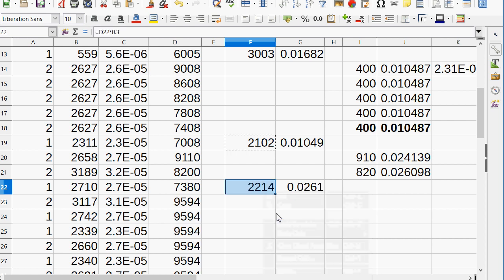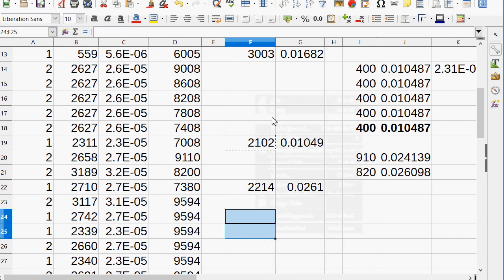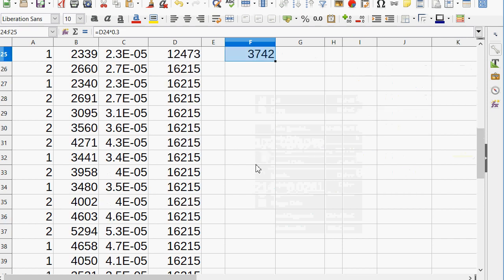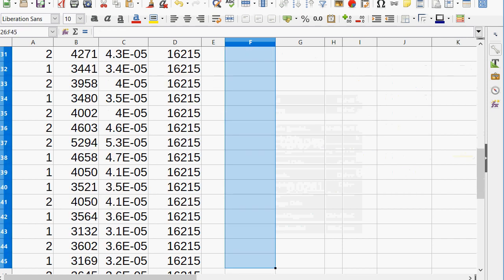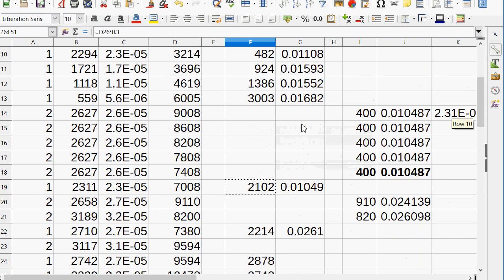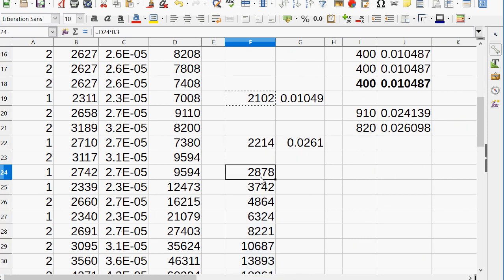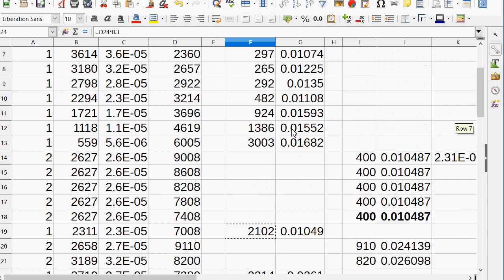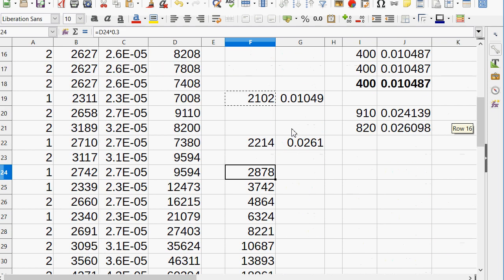You know what I'll do? I'll just go like that. I can just do it. It's not like I'll just paste it all away. So 2,214 would have been bought at that point.